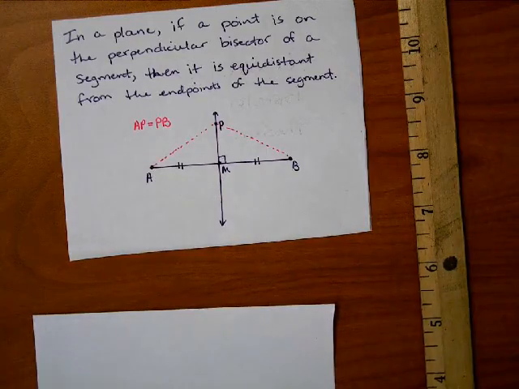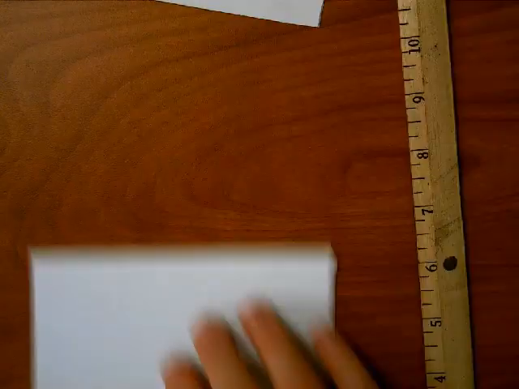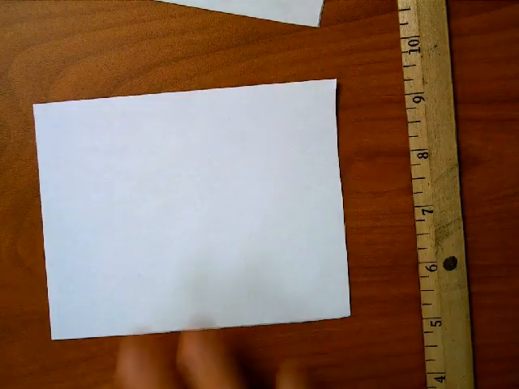And the converse idea is that if we know it's congruent, if we know it's equidistant, then we know it's on a perpendicular bisector.